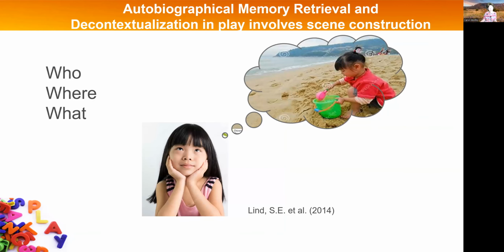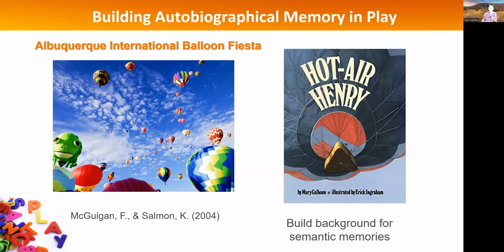When children are playing in decontextualized ways, they're having to engage in what we call scene construction. They're having to build that scene in their head. Who was with us? Where were we? What were we doing? Play gives us opportunities to help build autobiographical memories.